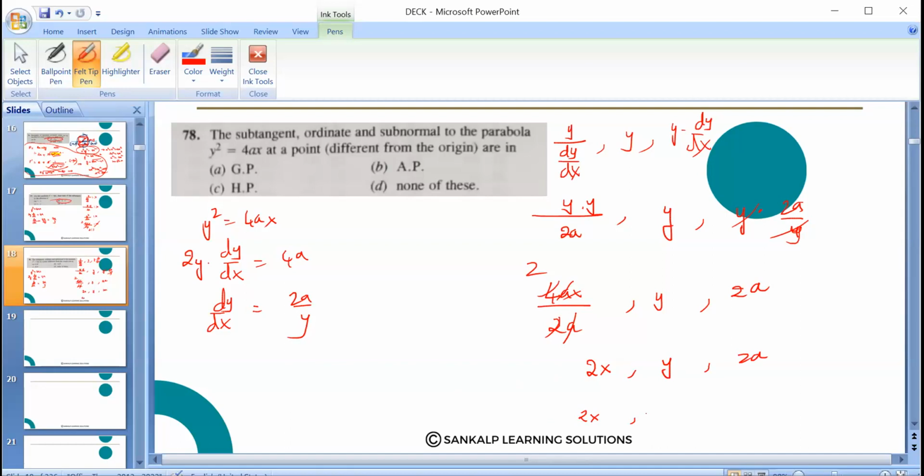Y is square root of 4ax. So these three we have. These three are in GP we can say because b square is ac. B square means square root of 4ax whole square will be a into c, 4ax. So it is in GP, geometric progression.